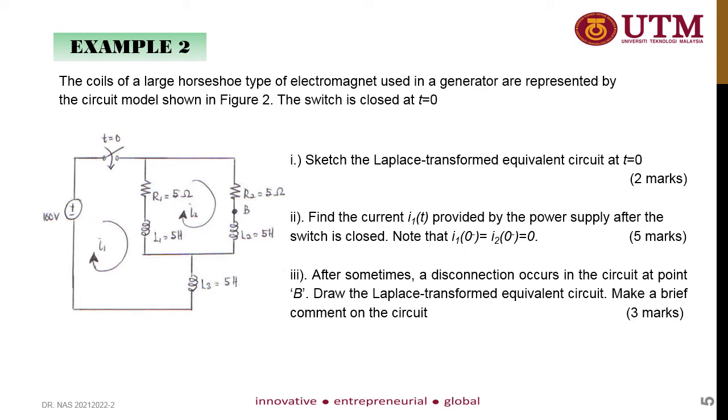The third question, after some time, a connection occurs in the circuit at point B. So this is point B. So you need to draw the new Laplace transform equivalent circuit, and please justify your answer.